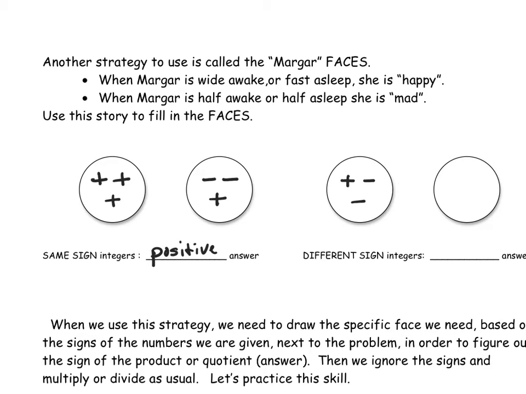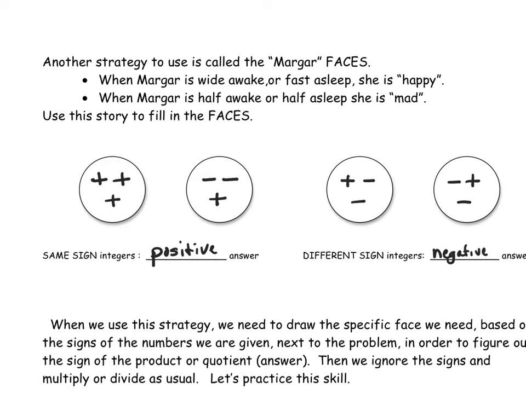When Margot is half asleep, one eye is closed and the other eye is open, she's also mad. She's negative. So what this means is when I use two different sign numbers, when I'm multiplying or dividing them, the answer is going to be negative. So when we use different sign integers, when we're multiplying or dividing, the answer is negative.